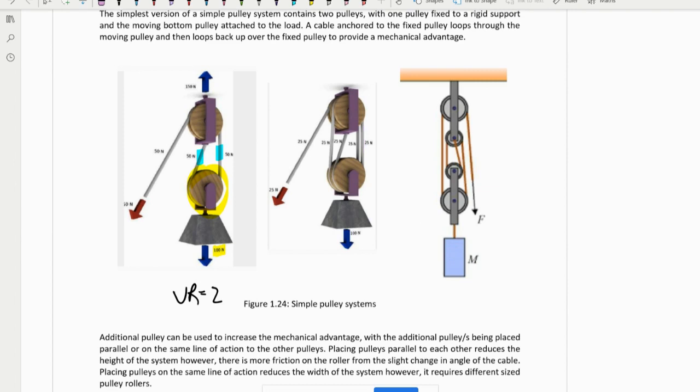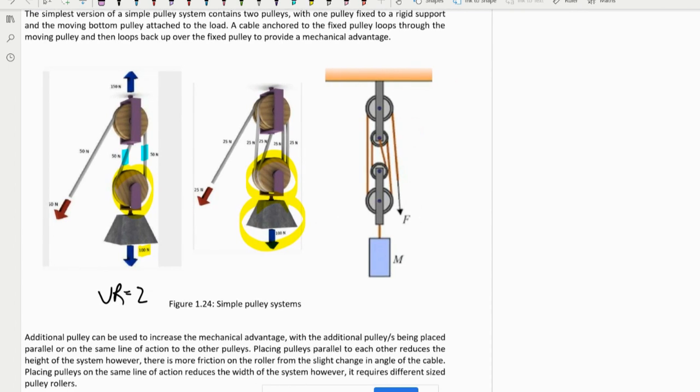Wonderful. What do we have in the next one? Well, I'm glad you asked. We have a movable pulley attached to the load, and we have 1, 2, 3, 4 ropes attached to the movable pulley. Velocity ratio equals 4.